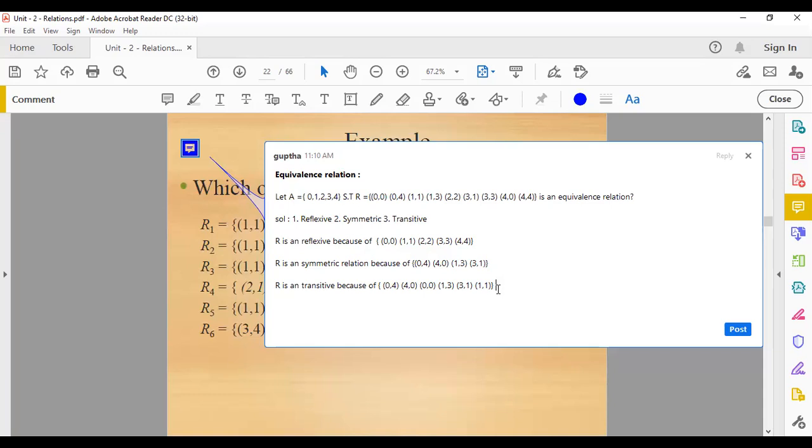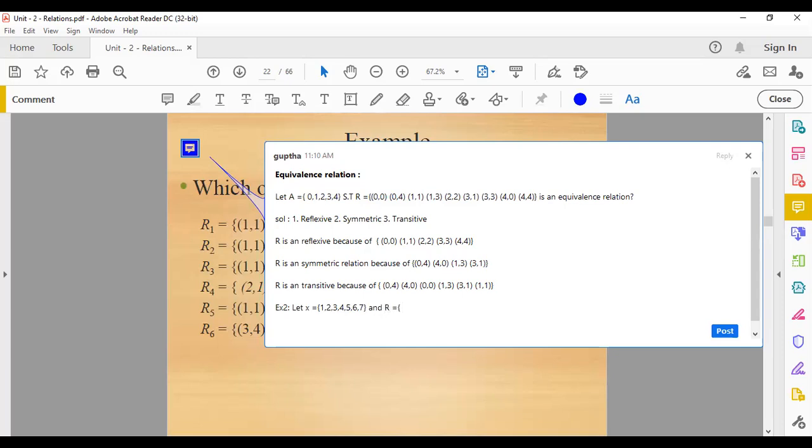Shall we take another example or not? Yes, very good answer. Only one student responded, that's why I want to take one more example. Let X equal to 1, 2, 3, 4, 5, 6, 7.